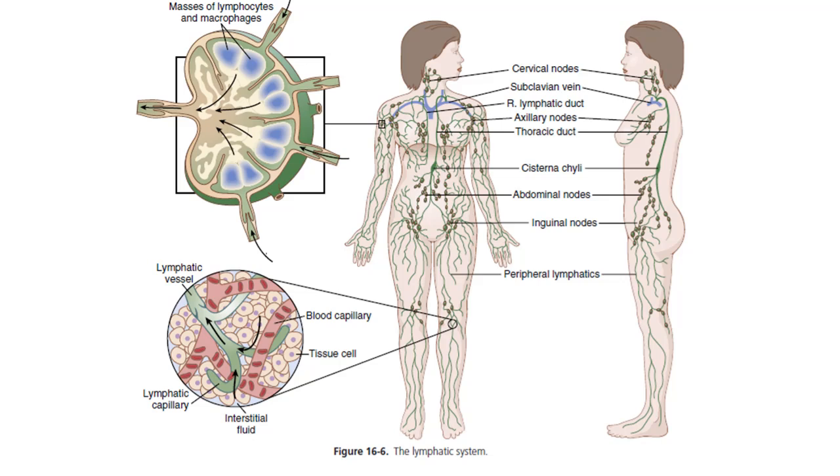Two milliliter fluid goes into the interstitial fluid during capillary filtration, and this 2 milliliter fluid is collected by lymph vessels. What are lymph vessels and lymph channels? The lymphatic system can collect fluids and proteins from interstitial fluid and return them into the circulatory system.